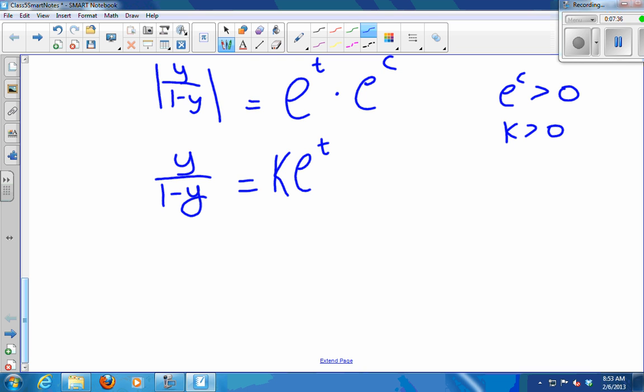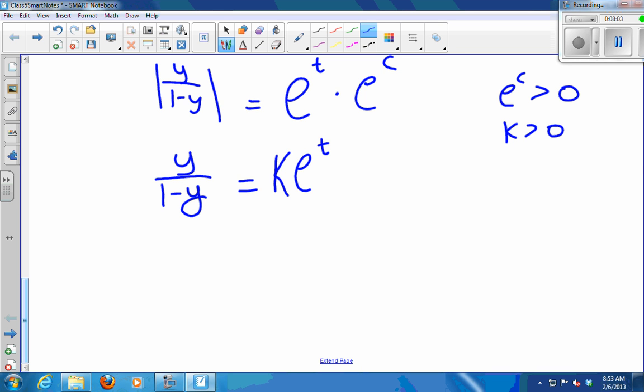It's because k is e to the c. It's just positive. So the absolute value doesn't matter because absolute value makes something positive, right? And the right side is already positive. So I don't have to put it there. Yeah, I could have dropped it before.